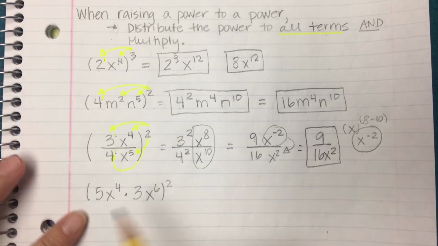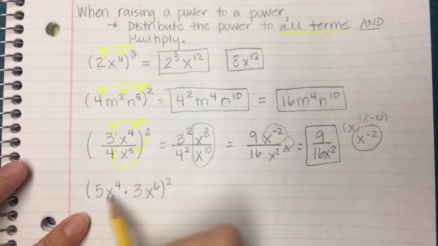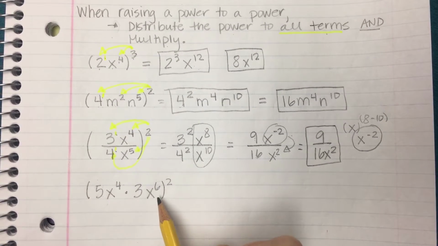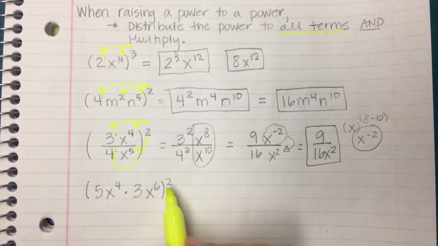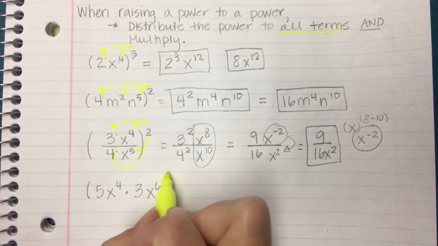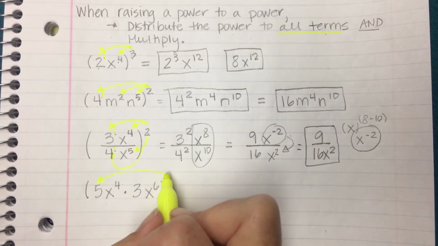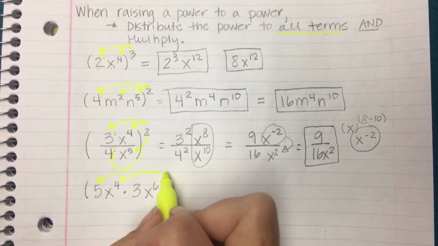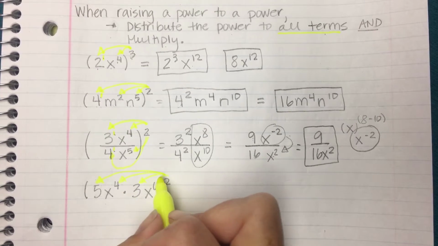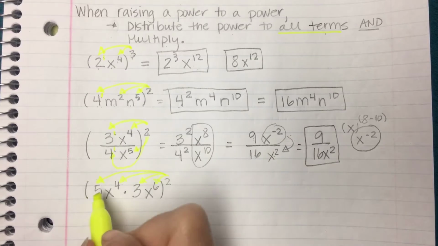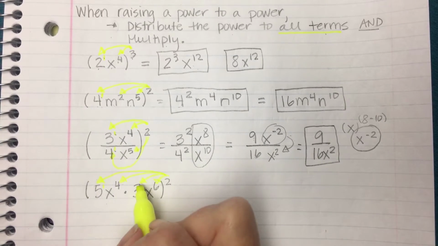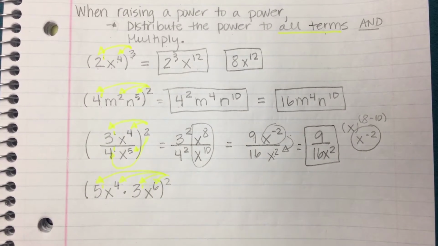Okay, one more. Let's go ahead and take a look at this. It's a little bit longer, but we still do the same steps. I'm going to take that 2 and I'm going to distribute it to every term inside the parentheses. So remember that the 5 does have an exponent of 1 and the 3 also has an exponent of 1.